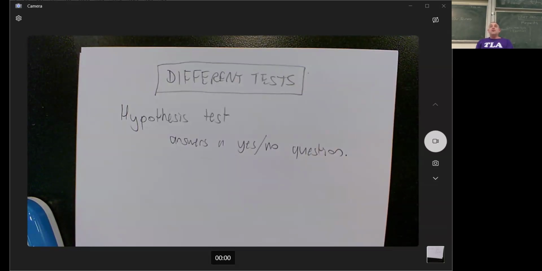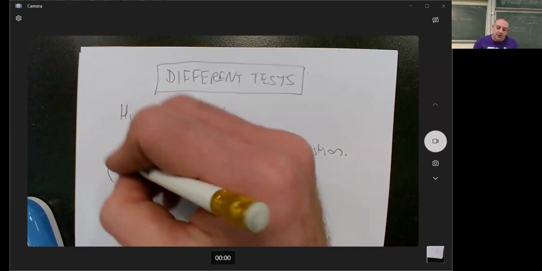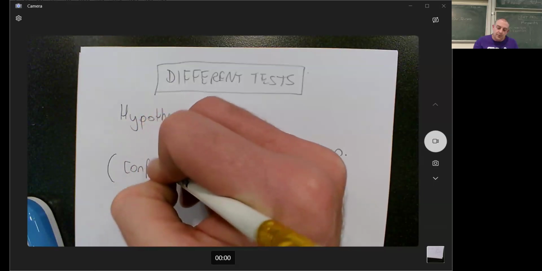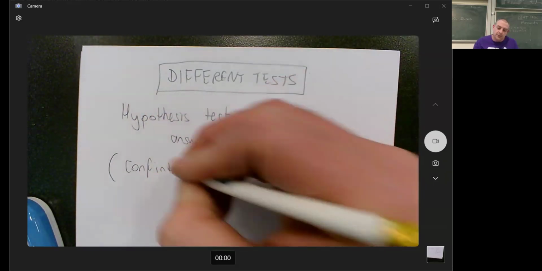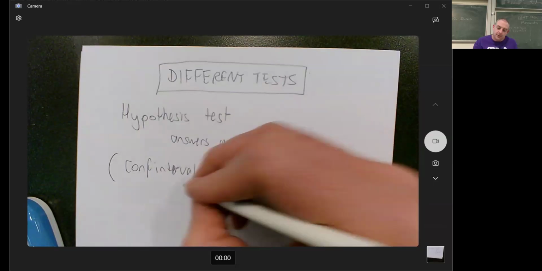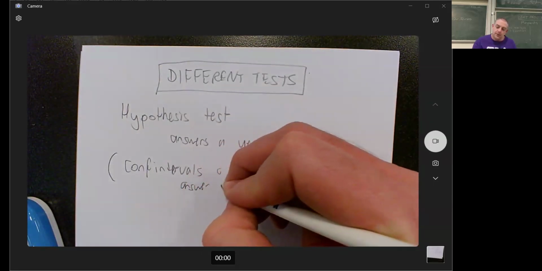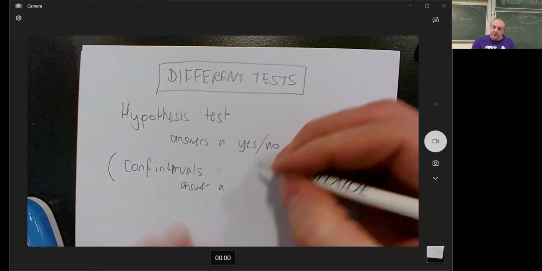Regression is designed to answer a what's the formula sort of question. How do I predict one thing from another? Confidence intervals answer the question of what's this number? So just while I'm at it, confidence intervals answer a what's the number question.